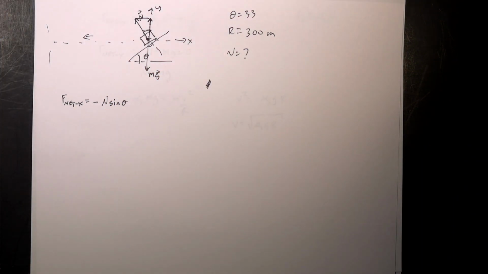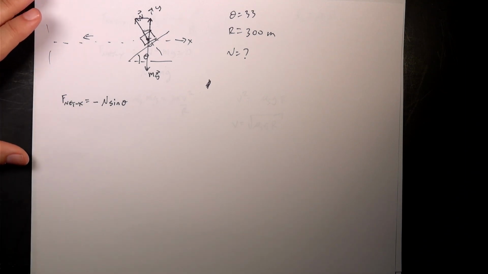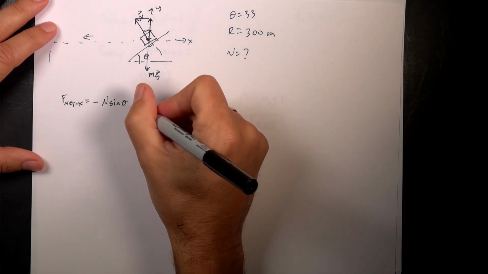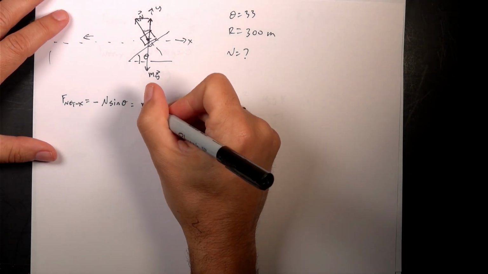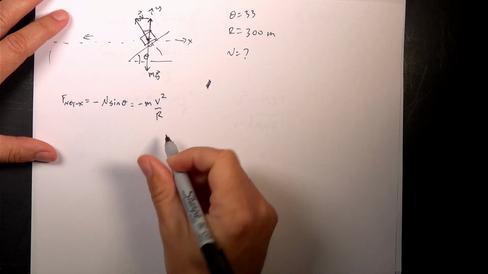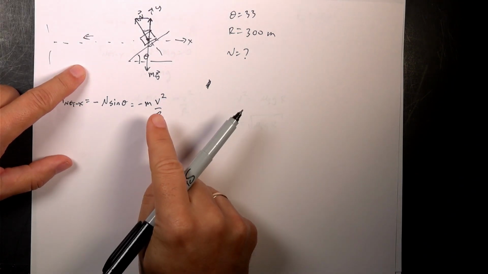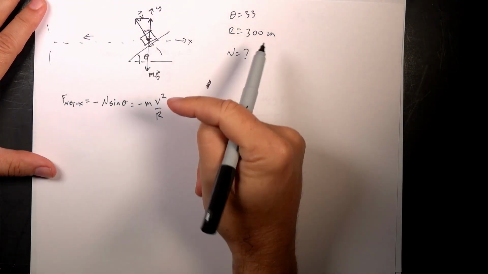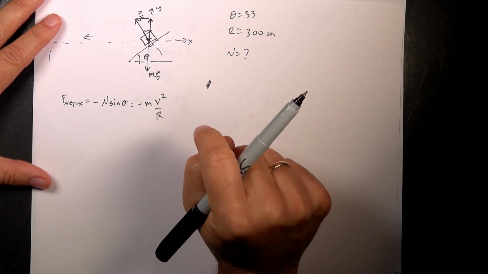Now, notice that I have my acceleration in the negative x direction. That's just the way I drew it. It doesn't really matter. And that's going to be equal to the mass times negative v squared over r. So again, the acceleration is negative v squared over r because it's in the negative x direction. So I went ahead and did that.